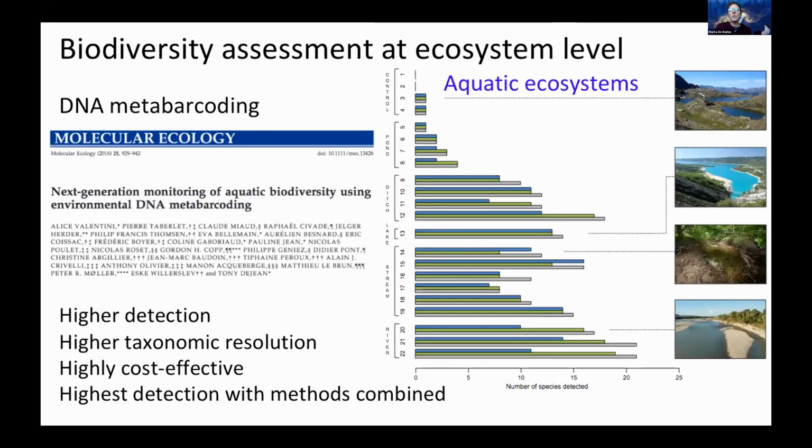Then, with the development of DNA metabarcoding, the multi-species approach, eDNA methods were soon used to describe biodiversity in aquatic ecosystems, in the beginning especially in freshwater systems.